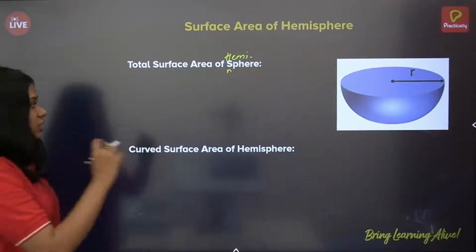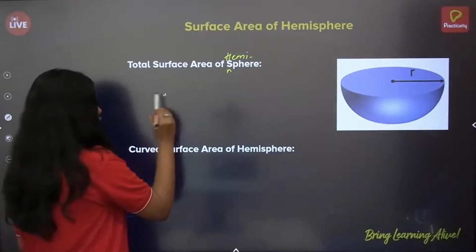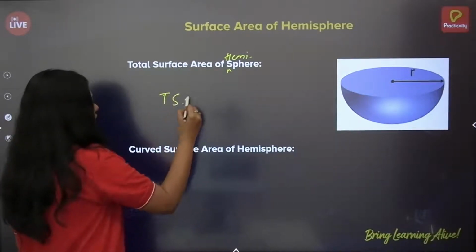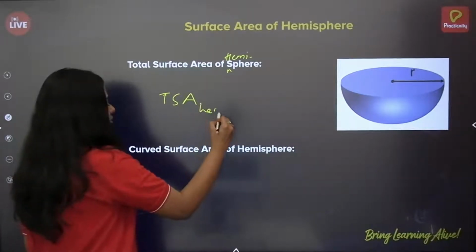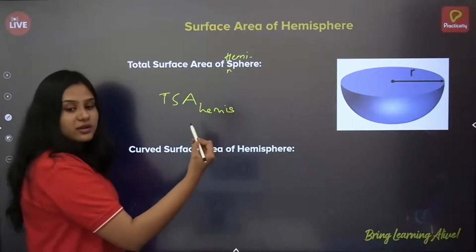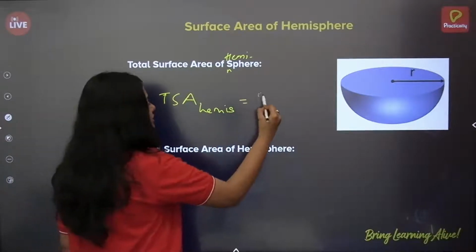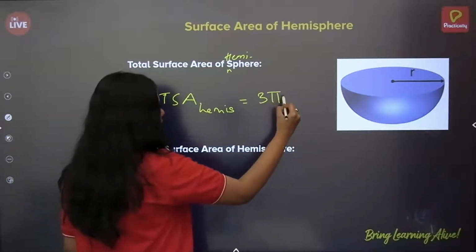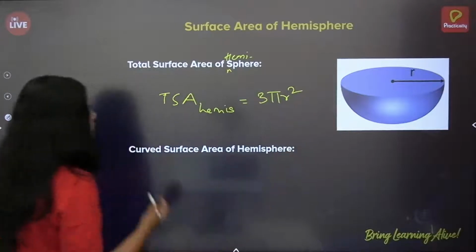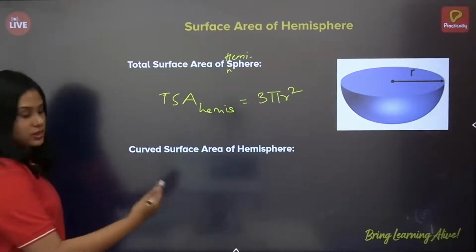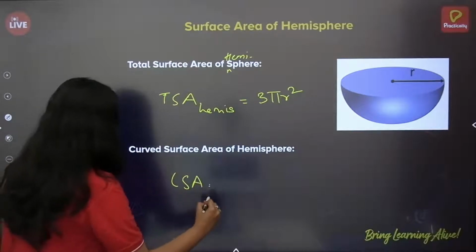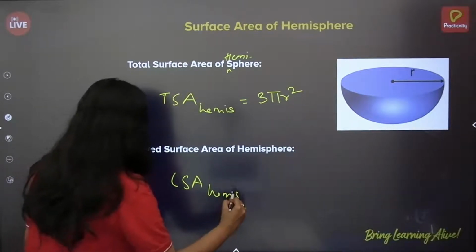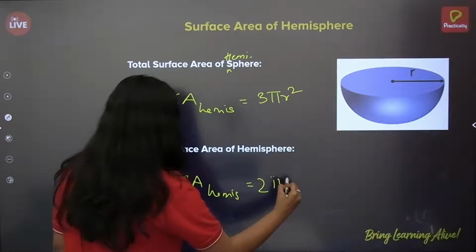Total surface area of hemisphere is equal to, can anyone guess it? It's super easy to guess. No, okay. It is 3 pi r square. Okay? And what is the curved surface area? Curved surface area of hemisphere is equal to 2 pi r square.